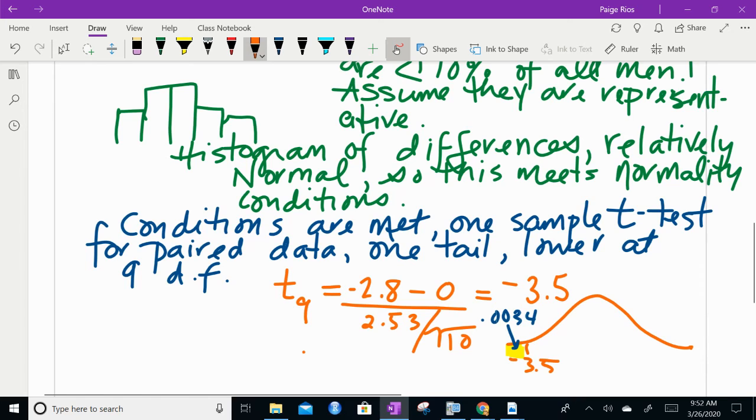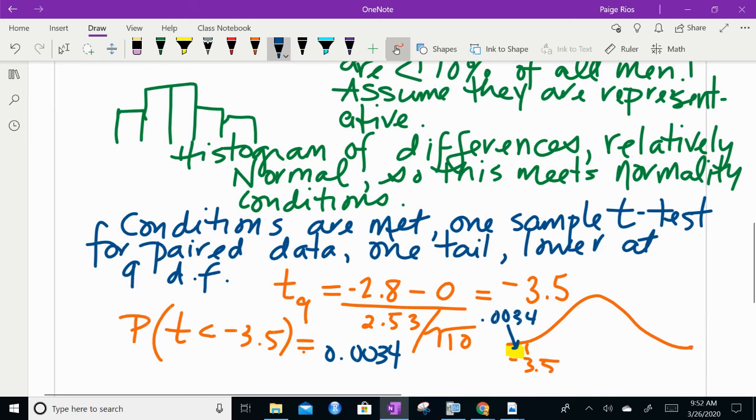In notation, I'm going to write the probability that t is less than negative 3.5 equals my p-value of 0.0034. Okay, so in this case, we are going to reject the null.